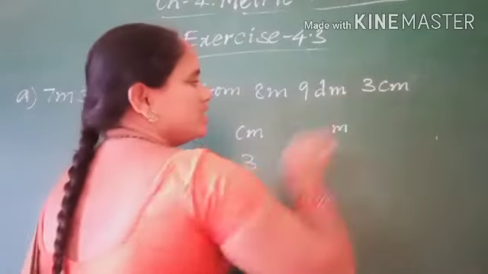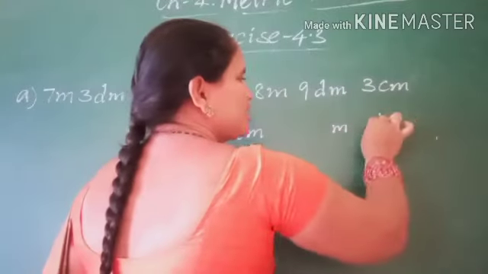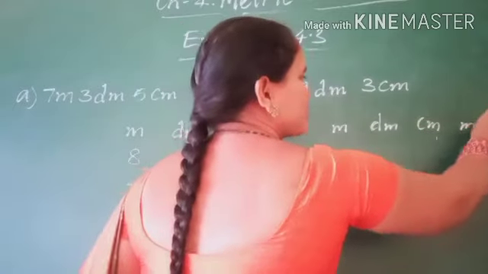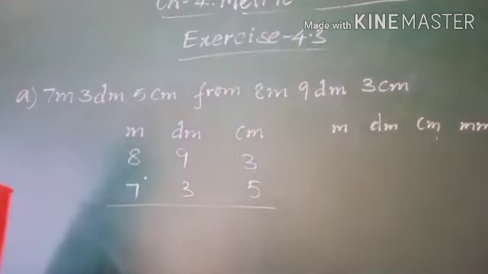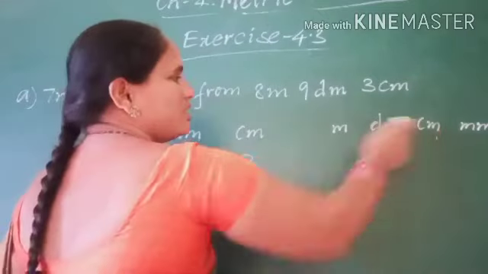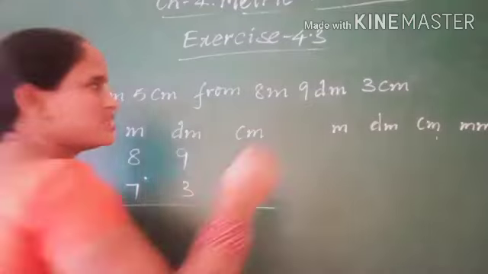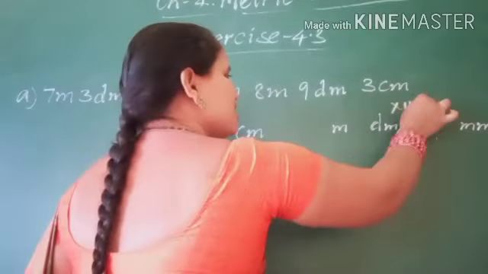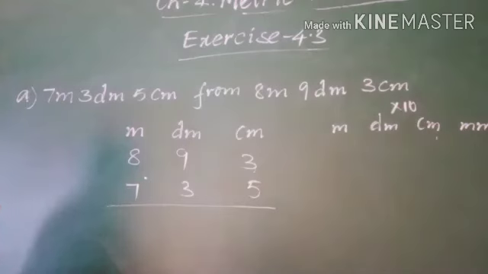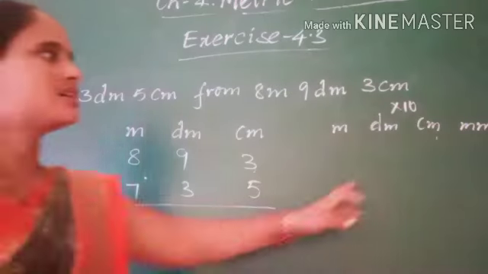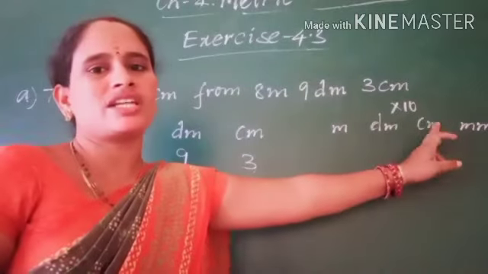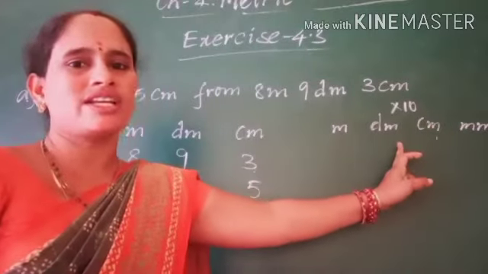Already we know meters, decimeters, centimeters, millimeters. 10 millimeters is 1 centimeter, 10 centimeters is 1 decimeter.